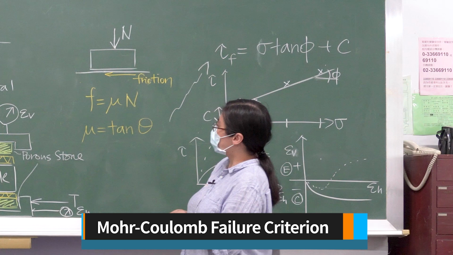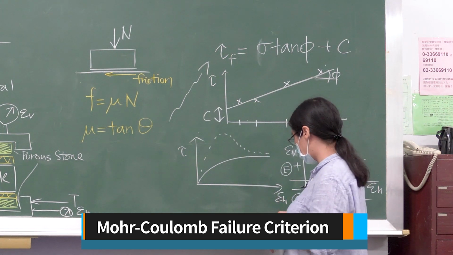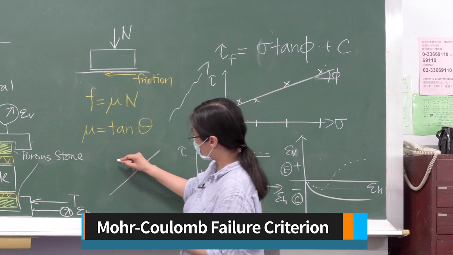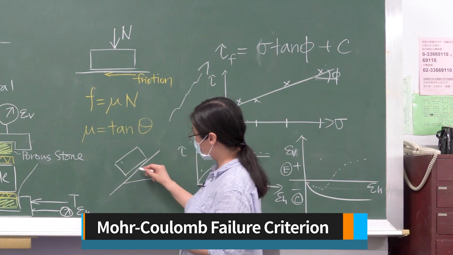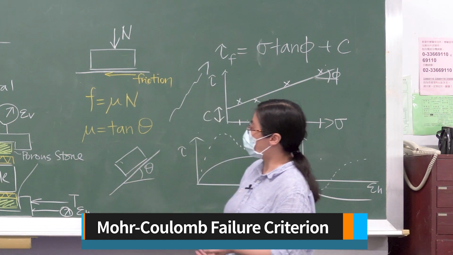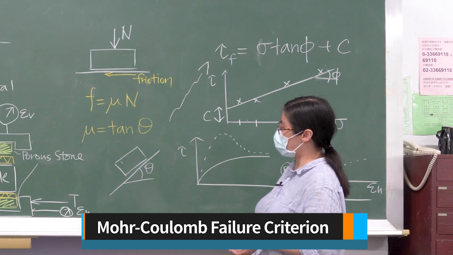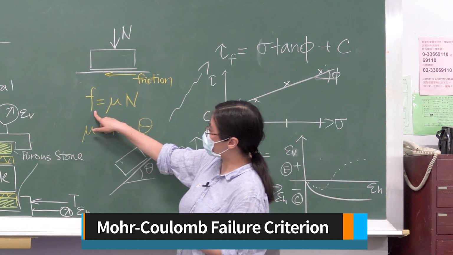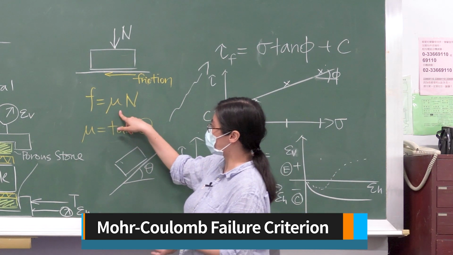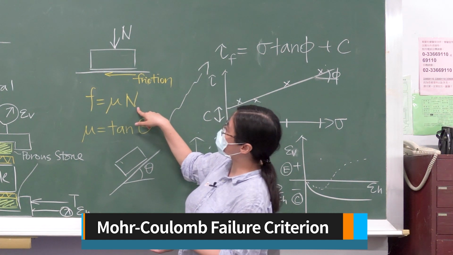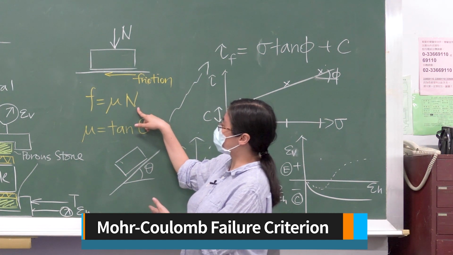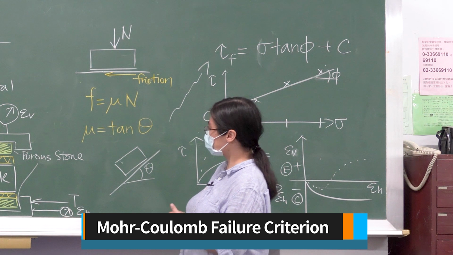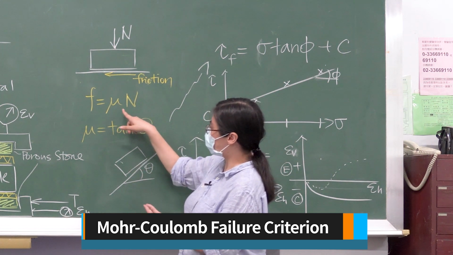If you tilt this surface, the angle at which this block starts to move is the friction angle that we want to keep track of. F here is the frictional force, mu is the coefficient of friction, and N is the normal force. If the normal force is larger, then the friction will be larger, because it is proportional, related by the constant mu.